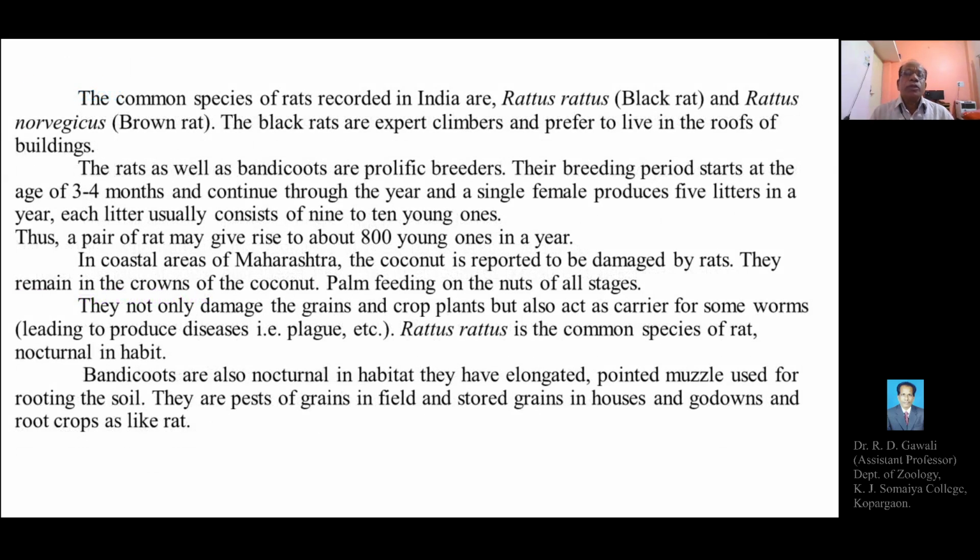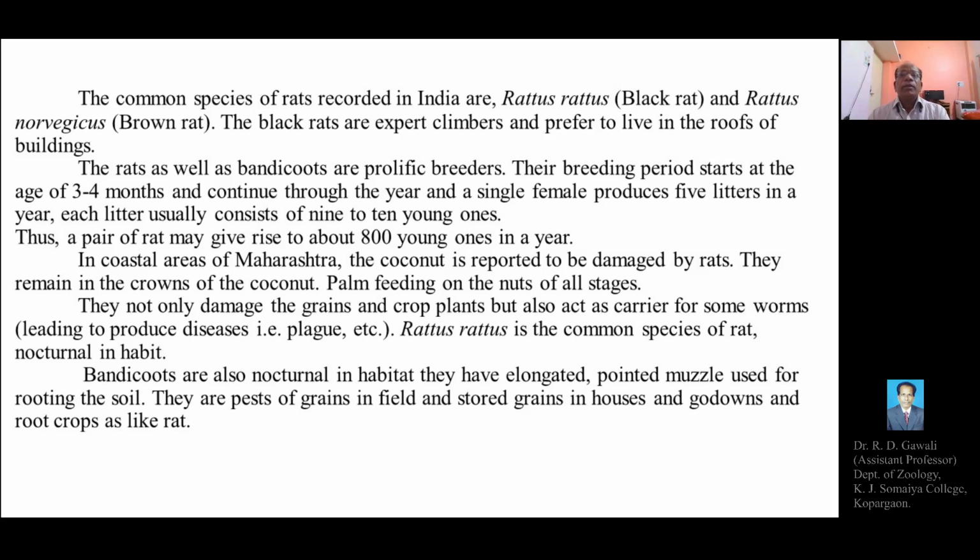The common species of rats recorded in India are Rattus rattus, commonly called the black rat, and Rattus norvegicus, commonly called the brown rat. These are the two important varieties of the rat.